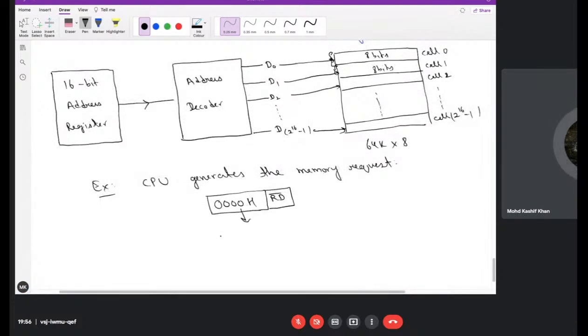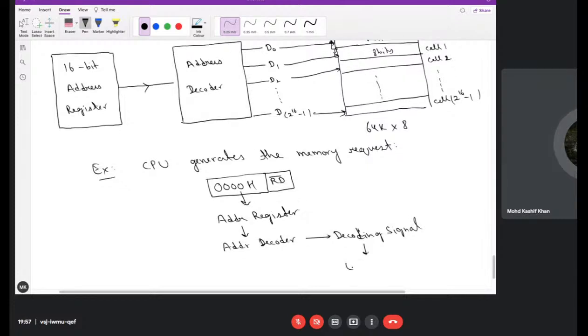Now this value will go into the address register. From the address register, it will go to the address decoder. It will generate the decoding signal, and then it will enable that corresponding cell to which the address belongs.